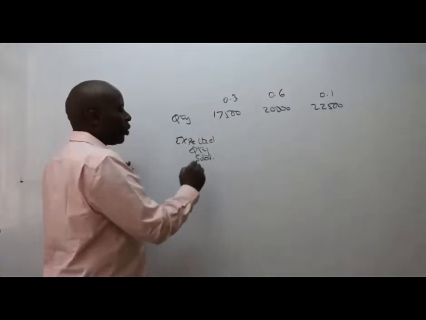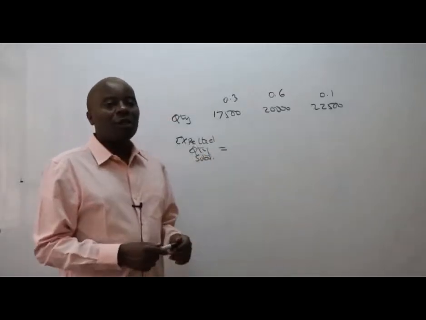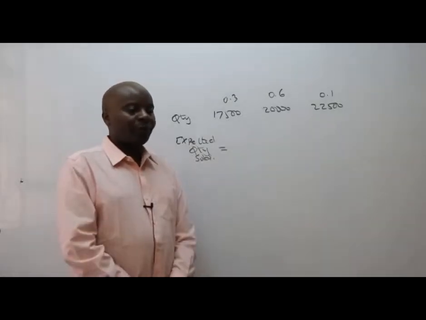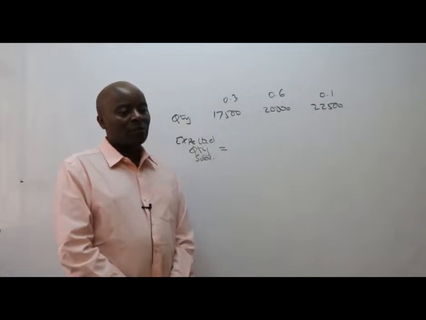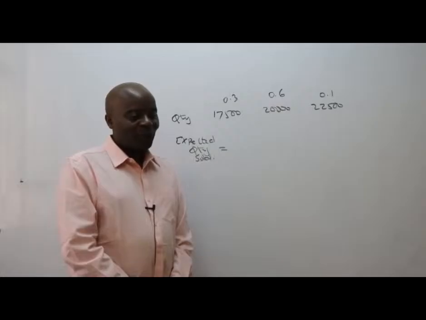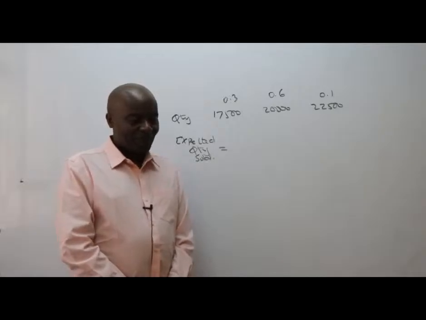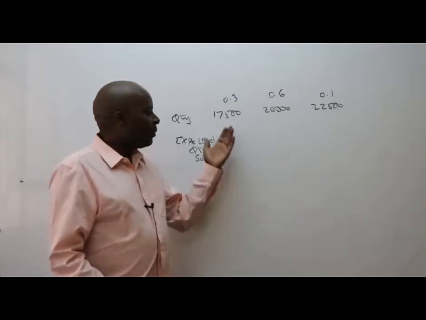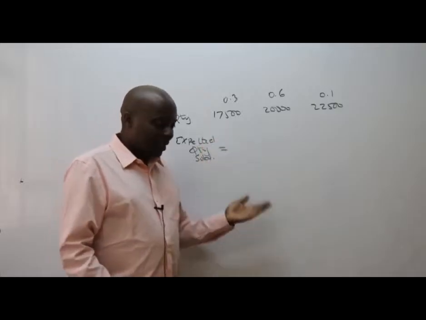So what should I do to get this average expected quantity? Probability times the sales quantity sold, yes.